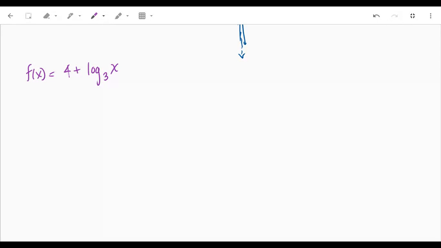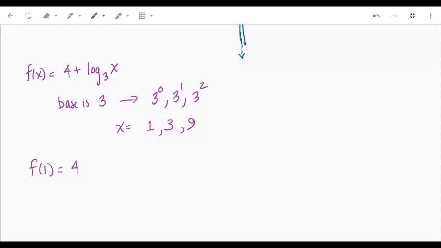Okay, the base is 3. So use 3 to the 0, 3 to the 1, 3 to the 2. Again, you only need 2 of them, but I'll show you with all 3 so that you can see. Okay, so we're going to use x equals 3 to the 0, which is 1, 3 to the first, which is 3, and 3 squared, which is 9. Okay, so f of 1 would be 4 plus log base 3 of 1.